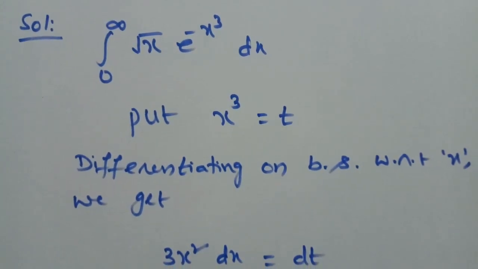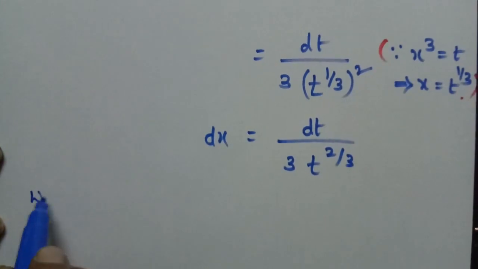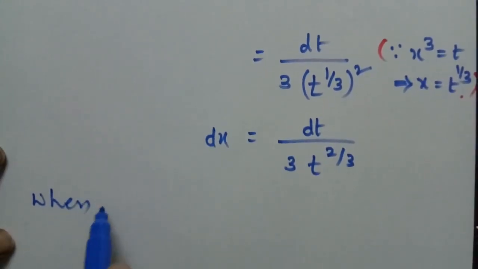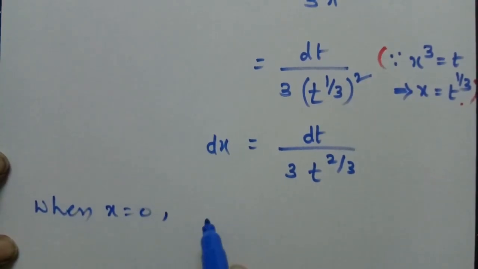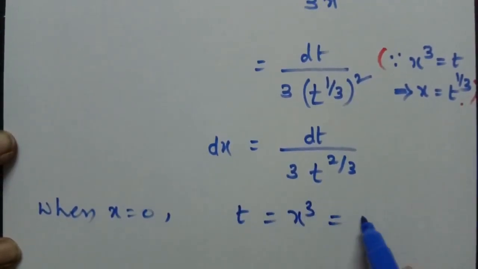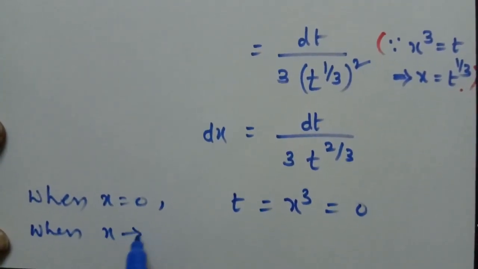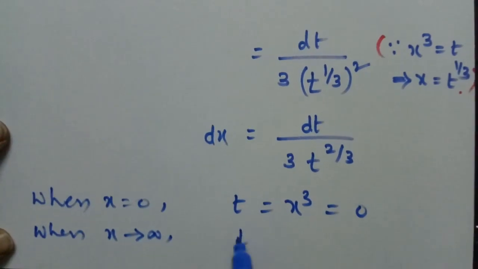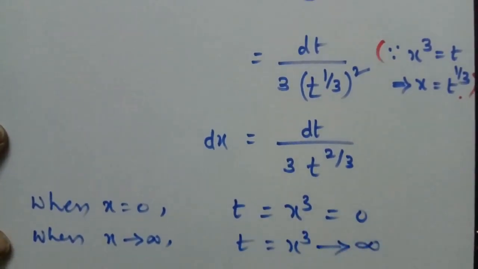When x tends to infinity, what is the limit for t? When x equal to 0, t equal to x cube, that is 0. When x tends to infinity, t equal to x cube also tends to infinity.